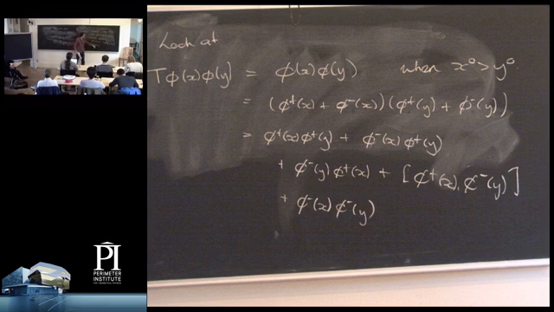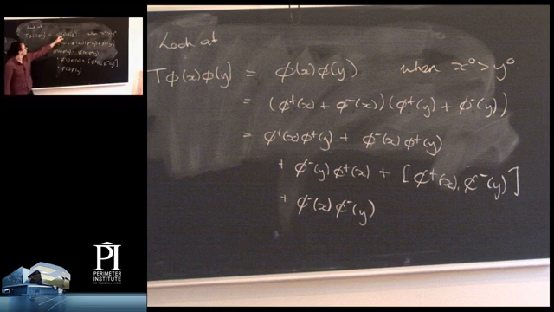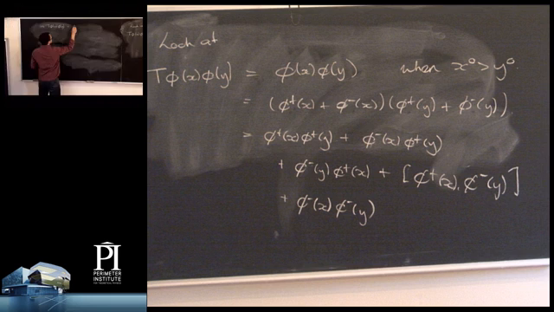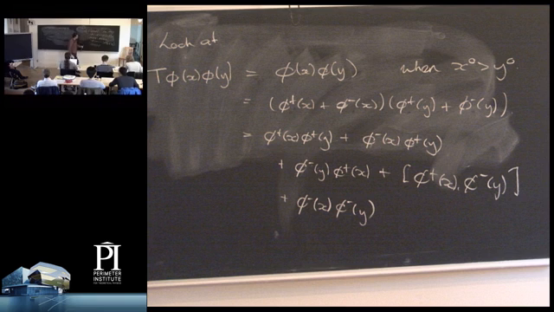This is the definition of the normal-ordered product of phi x and phi y, and what we're left with is this commutator. So the difference between the time-ordered product and the normal-ordered product when x0 is greater than y0 is this commutator.